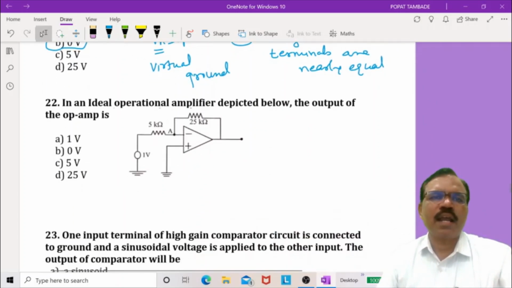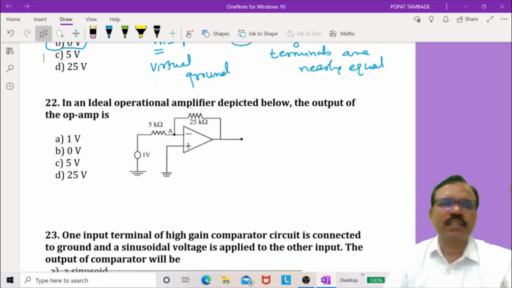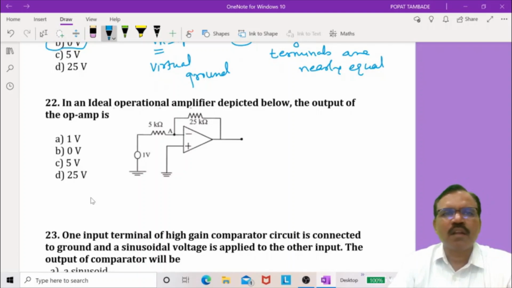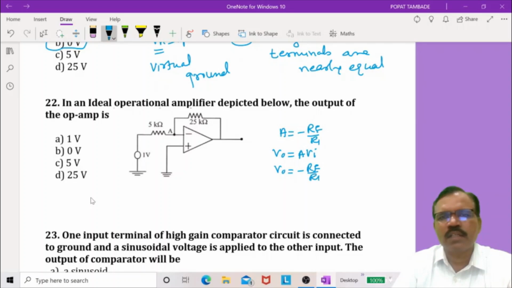In an ideal operational amplifier depicted below, the output of the operational amplifier is. Now here the gain is minus Rf upon R1 and V0 is equal to A times Vi. So V0 will be equal to minus Rf upon R1 into Vi.